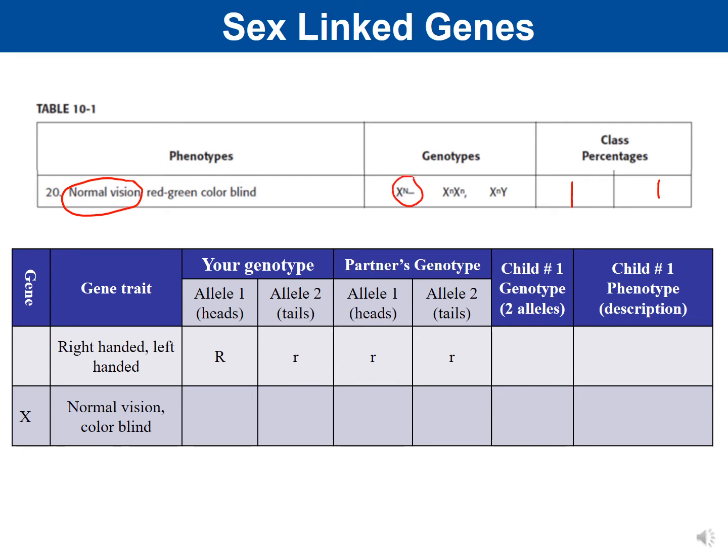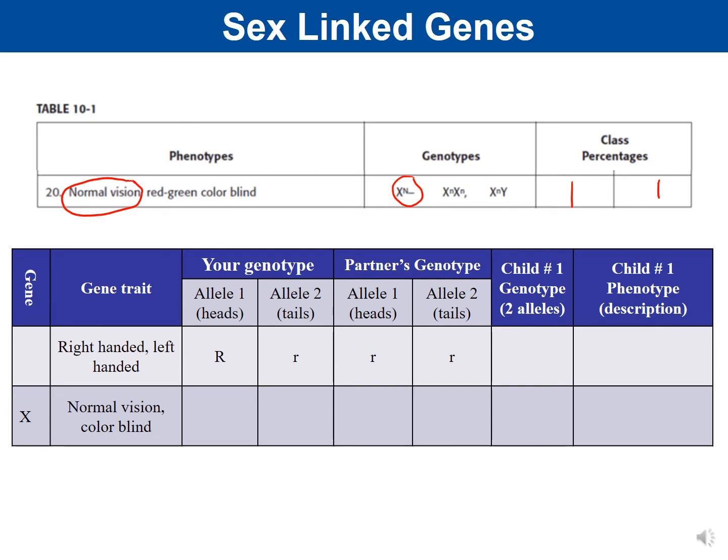A colorblind female would be X little n, or if you are a colorblind male, you're going to write X little n Y. You would circle that as your genotype. So I have normal vision though, so I know that I am X big N something.